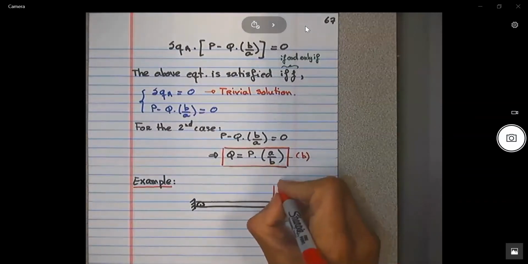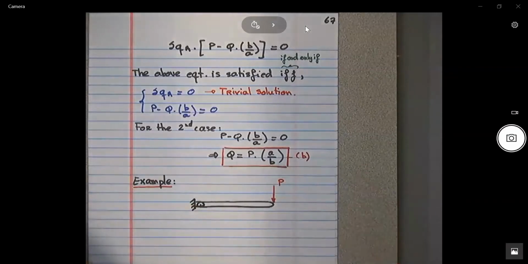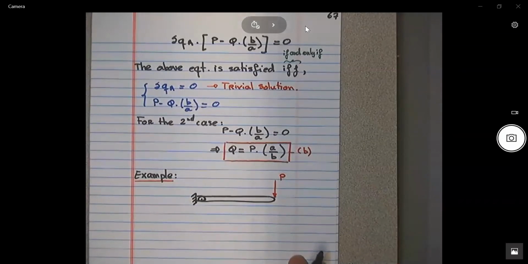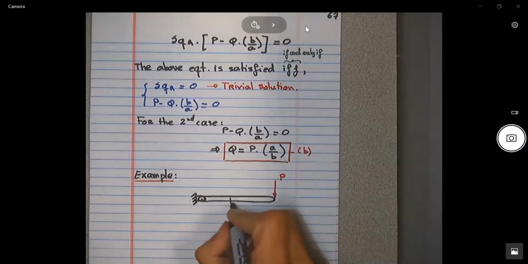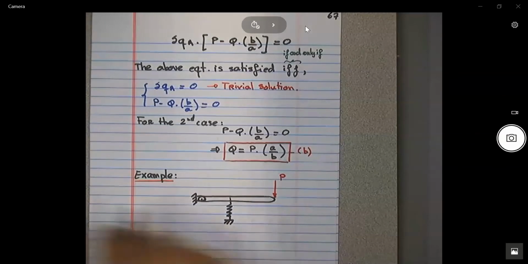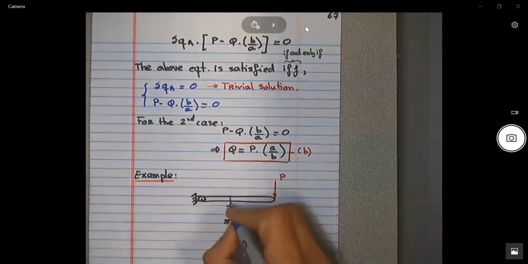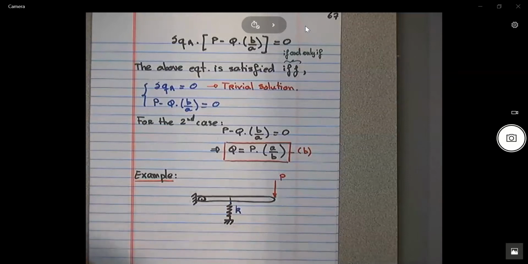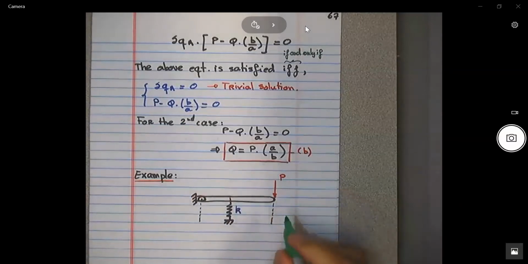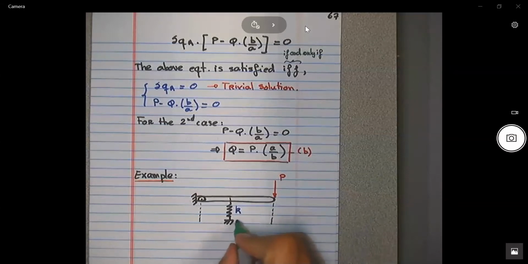We have a force P at the tip. And now let's say we have a spring over here, so the stiffness of the spring is K. And the distances are here, B and A.